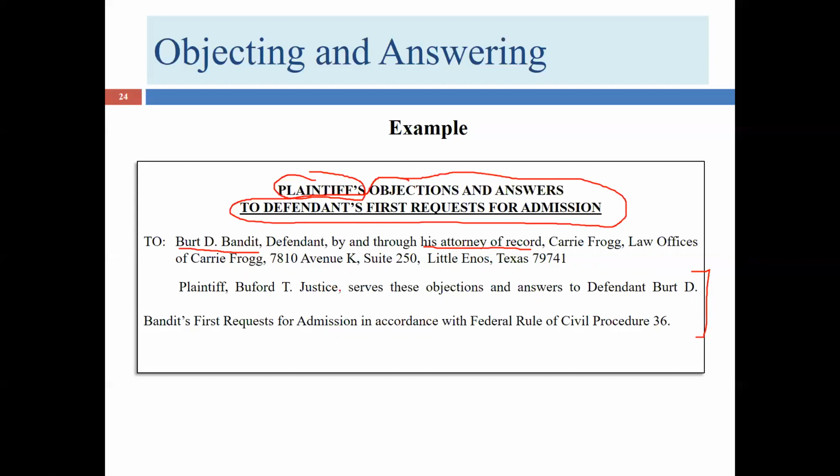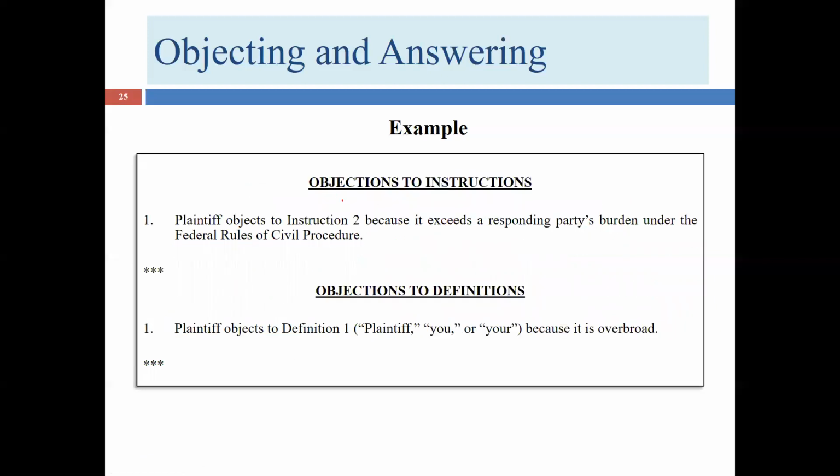Plaintiff Buford T. Justice serves these objections and answers to defendant Bert D. Bandon's first request for admission in accordance with Federal Rule of Civil Procedure 36. And then we dive into our objections, and you can see there'll be objections possibly to the instructions or to the definitions.